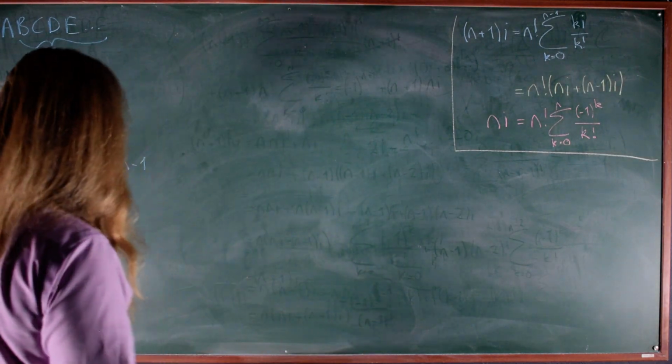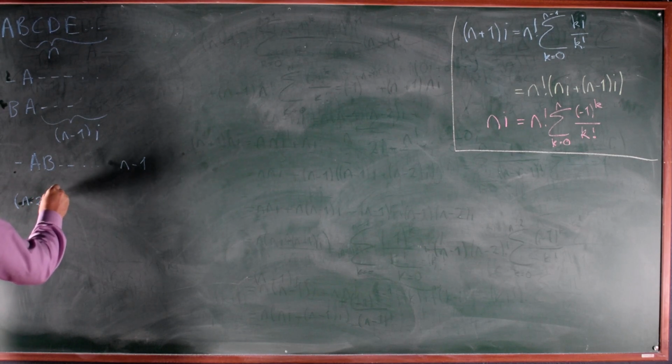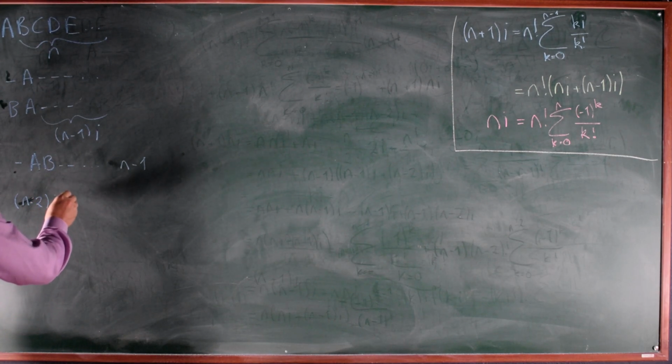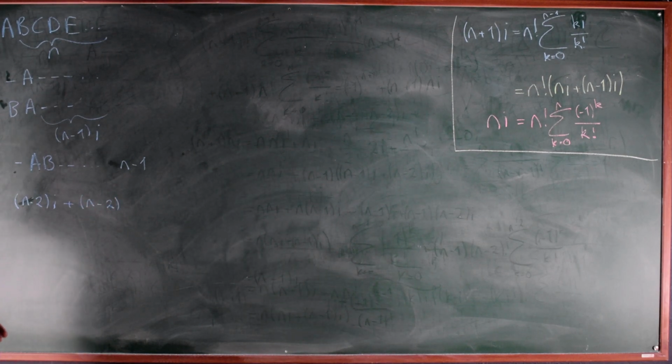So I can follow the exact same argument and I get n minus 2 sub-factorial, and so forth.